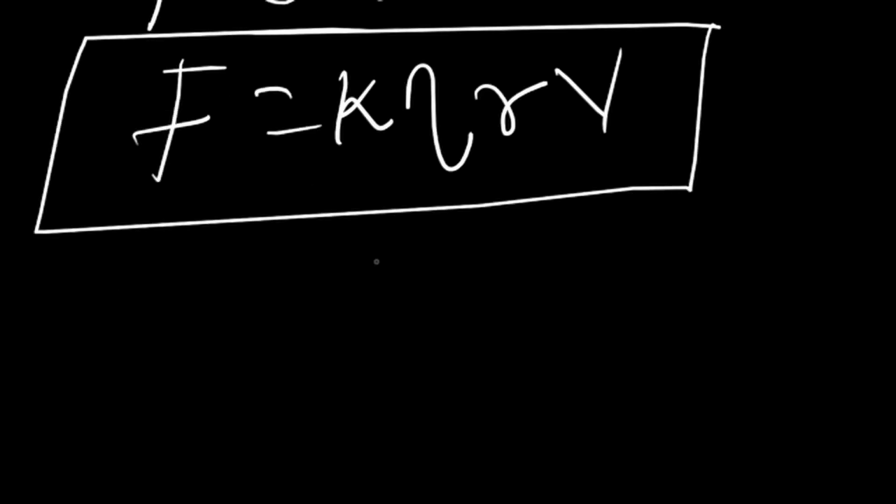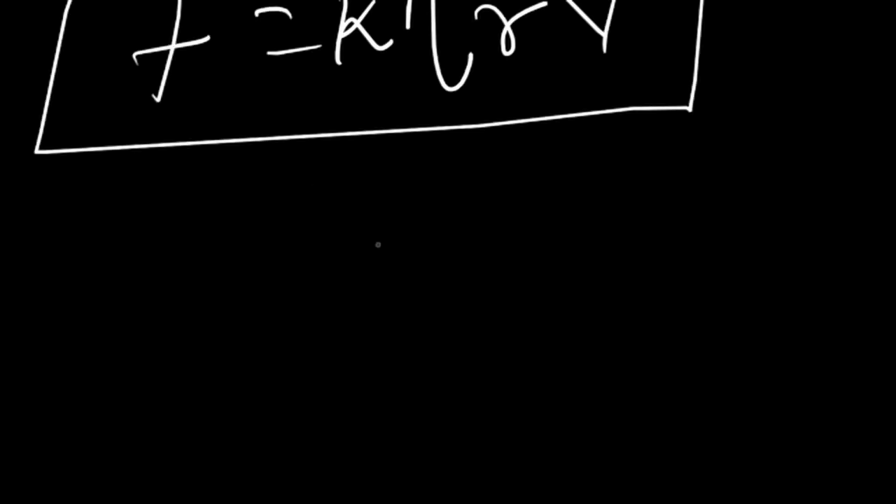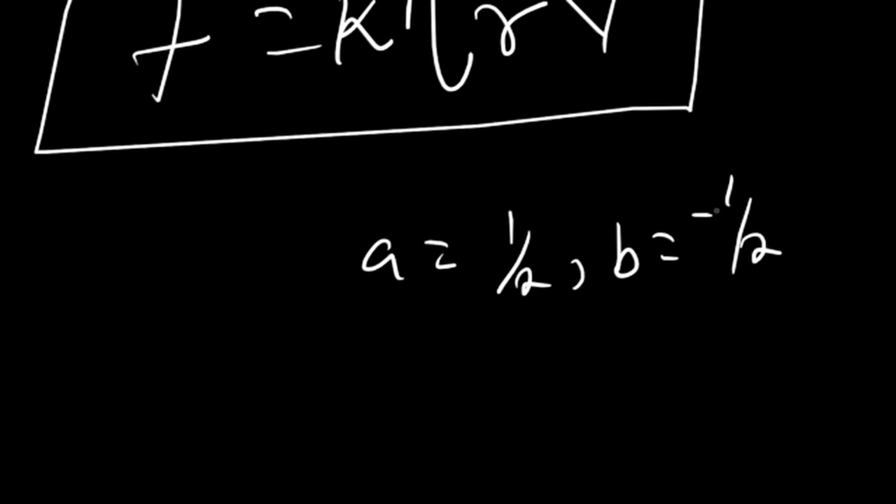Now, in addition, for example, let's assume we solved and then we got that A is equal to, let's say, 1 over 2, and then B is equal to, let's say, negative 1 over 2, okay? And then let's say again that C is equal to 1 over 2. So what this means is that the formula will now be in square root form.